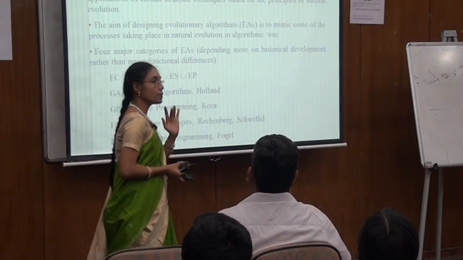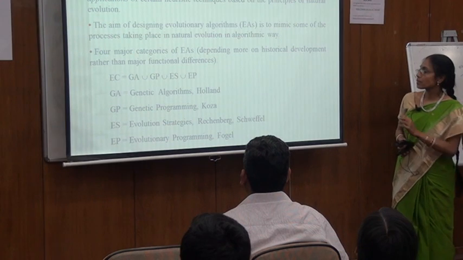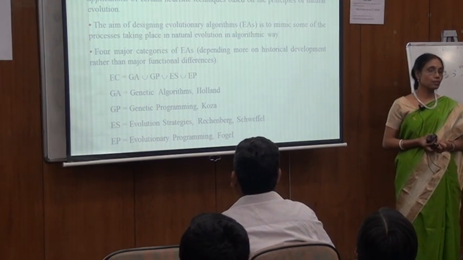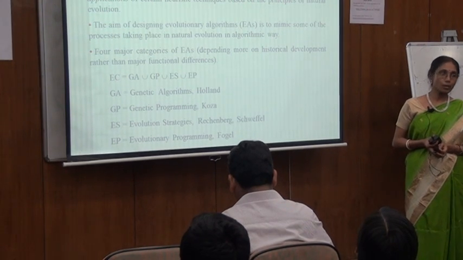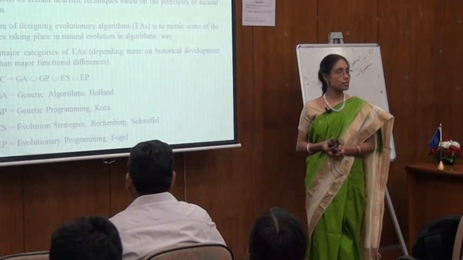There are four major categories under evolutionary algorithm. One, evolutionary computation. The first one, GA, genetic algorithm. Then GP, genetic programming. ES, evolutionary strategy. And EP, evolutionary programming.